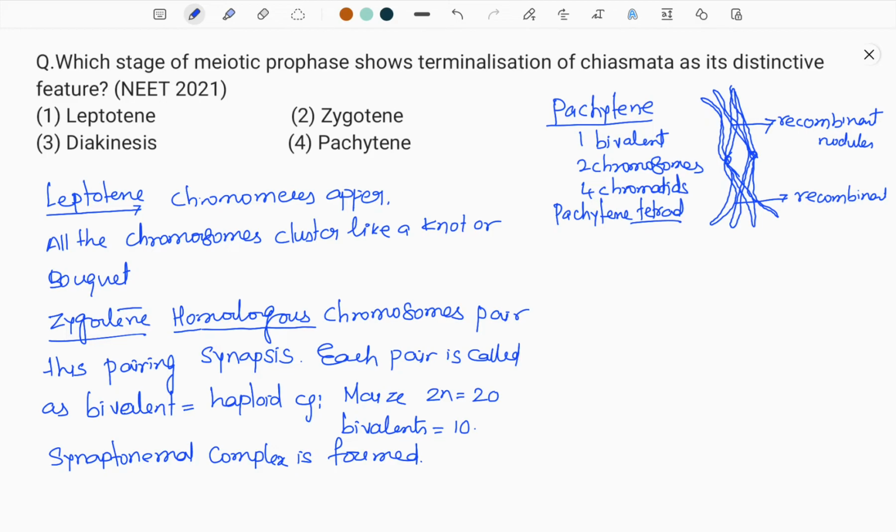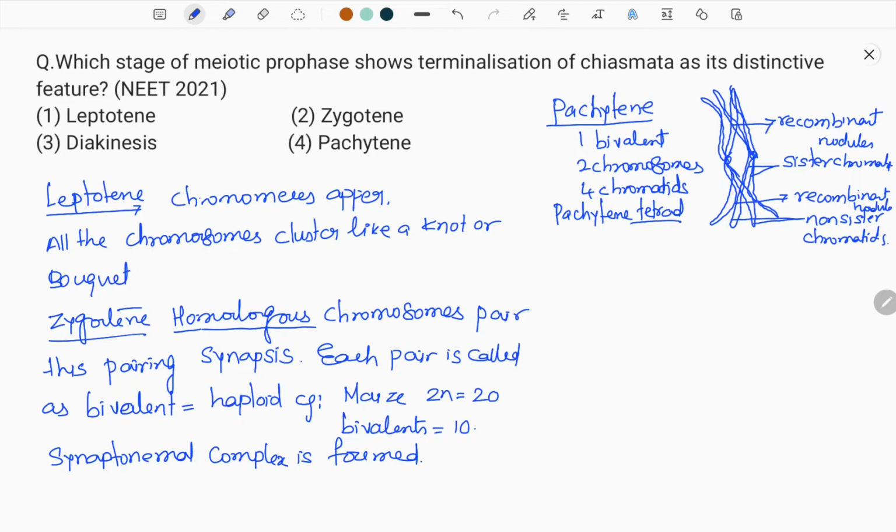So let us suppose these two chromatids are called sister chromatids, whereas these two chromatids are called non-sister chromatids. So these are recombinant nodules.